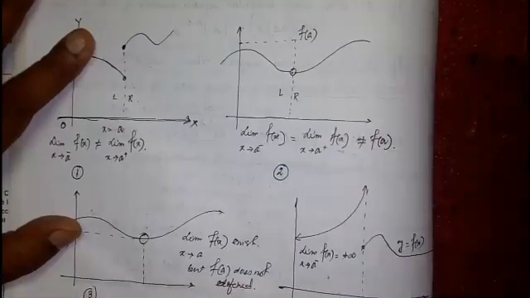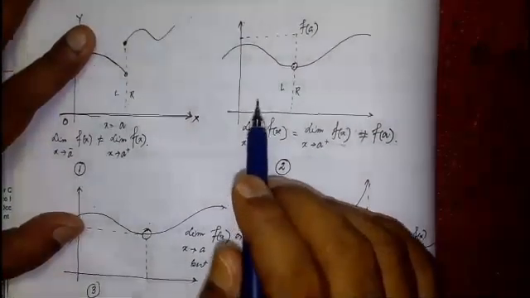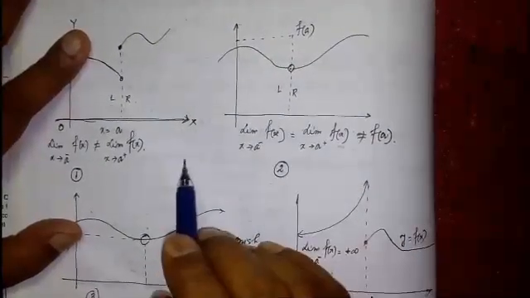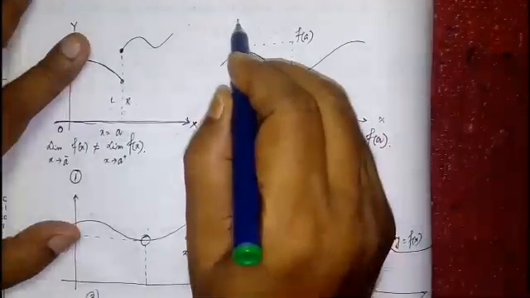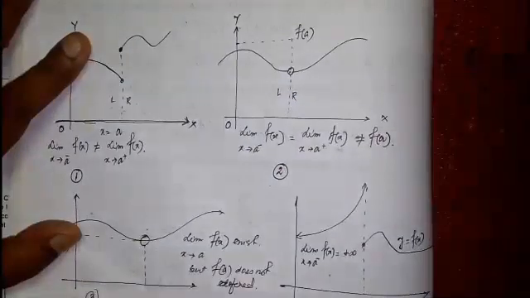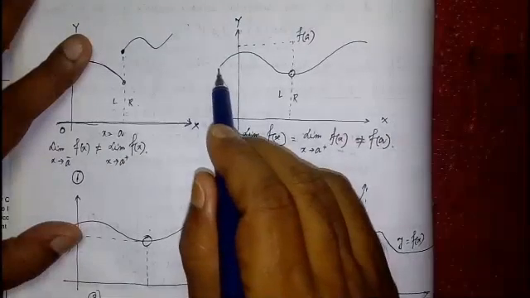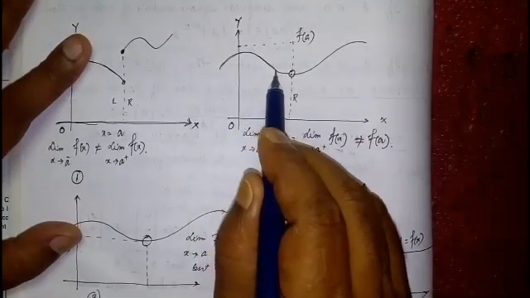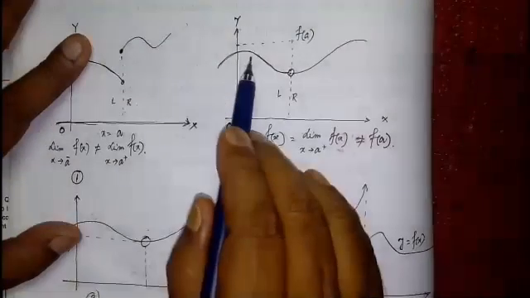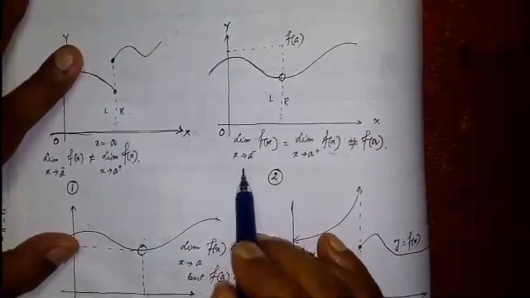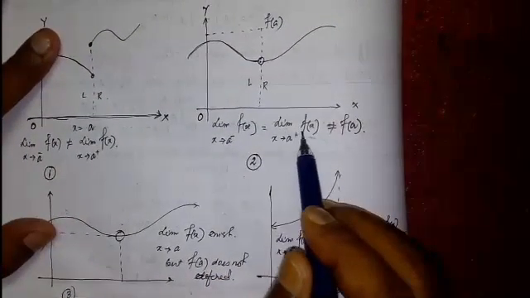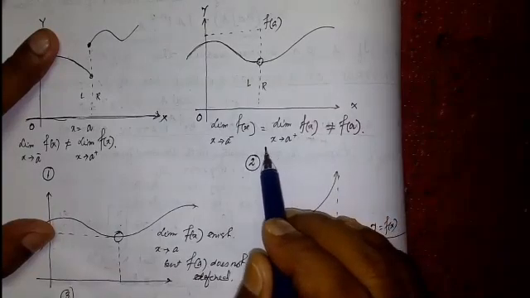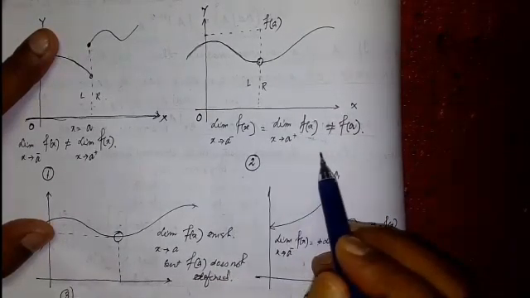Now, pictorially, we may represent the second type of discontinuity as, this is x-axis, this is y-axis, and this is the origin. Now, this is the left hand limiting function. That is, this represents limit x tends to a minus f of x and limit of f of x as x tends to a plus.